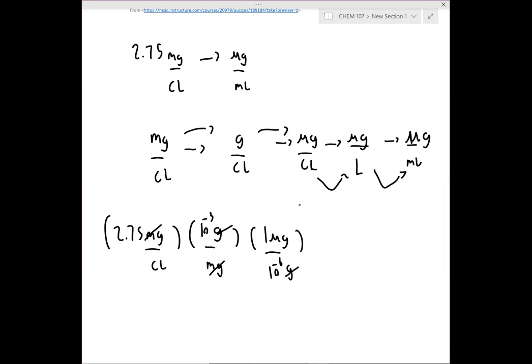So now we're going to convert from 1 over centiliter into 1 over milliliter. To cancel our centiliters, we need to put centiliters on top and our desired units of liters on the bottom. And what power of 10 corresponds to centi?